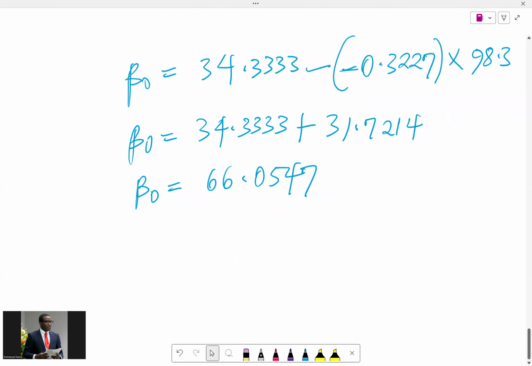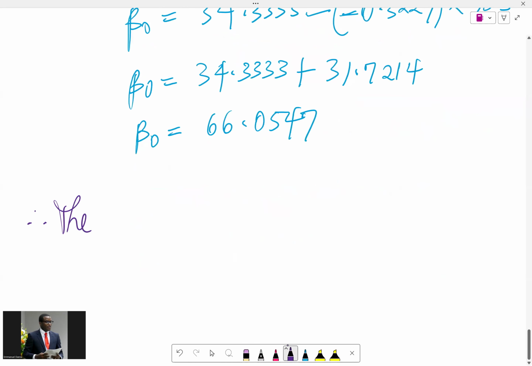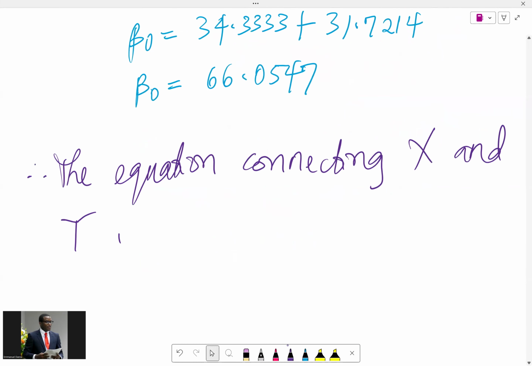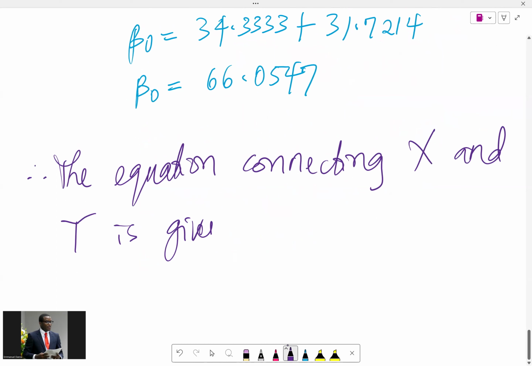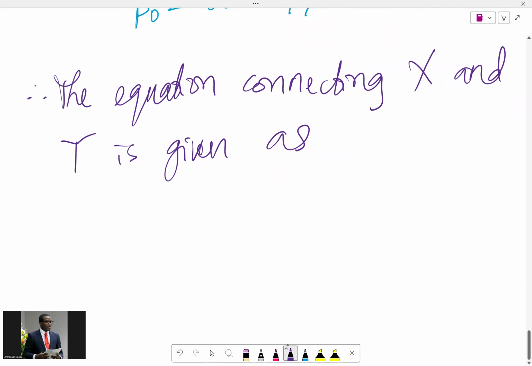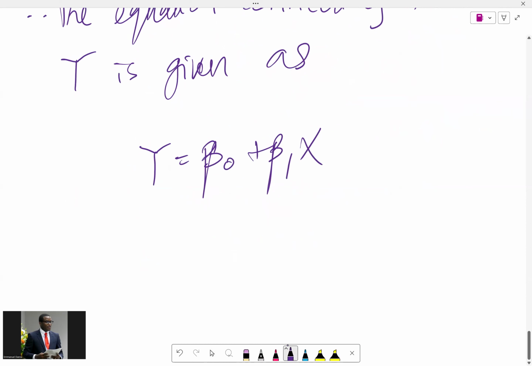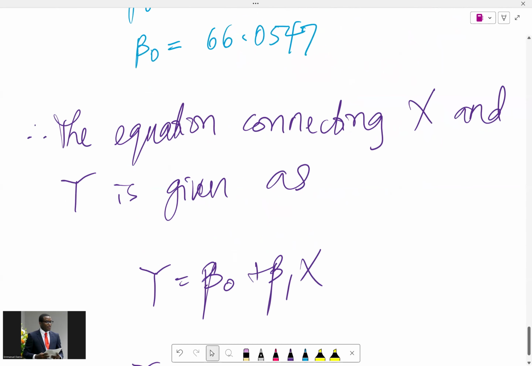So we can now go and say, therefore, the equation connecting x and y is given as y equals beta naught plus beta 1 x. You can write it so that y is equal to, what is beta naught again?